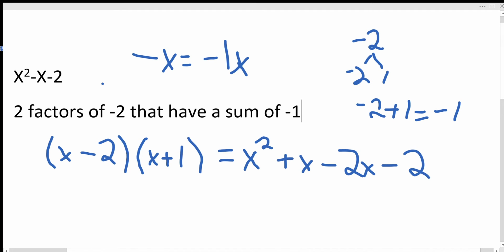If we simplify this down by combining our like terms of these x's, we'll get x squared, should be minus x, because we have a 1x minus 2x minus 2, which is exactly what we started with. So we know that that is completely correct.